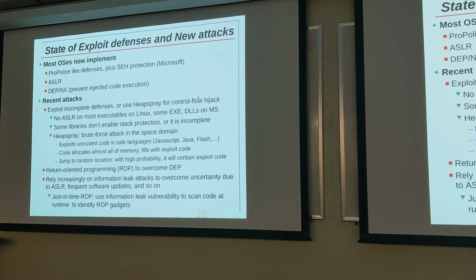So another technique that's become somewhat common is what is called just-in-time ROP. Again, because of address-space randomization, partly, and also partly because these days software is updated at a very high frequency, your Chrome may be getting updated every day or something like that.